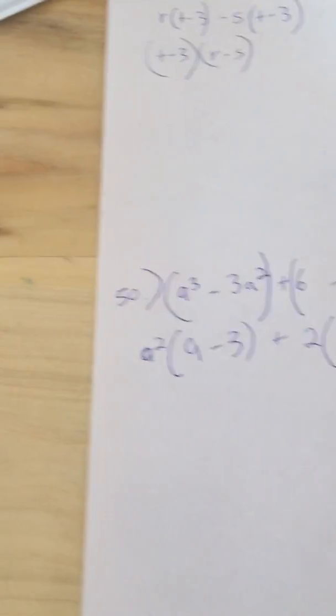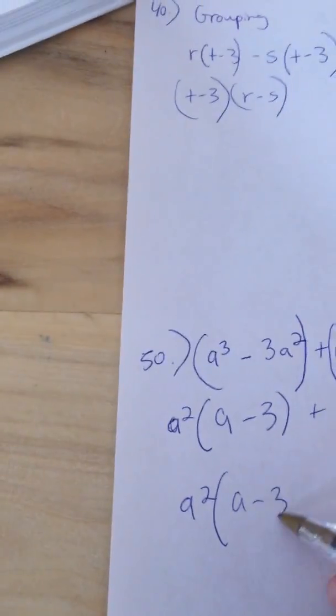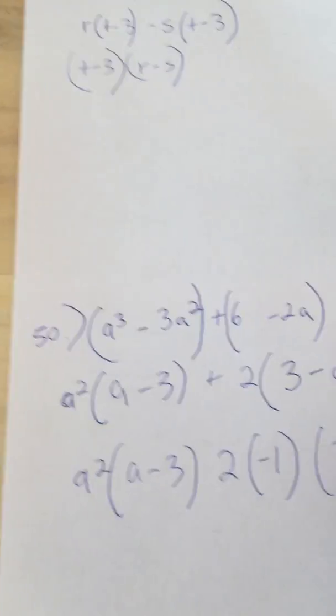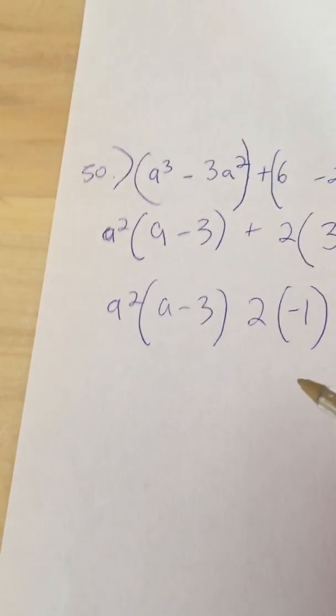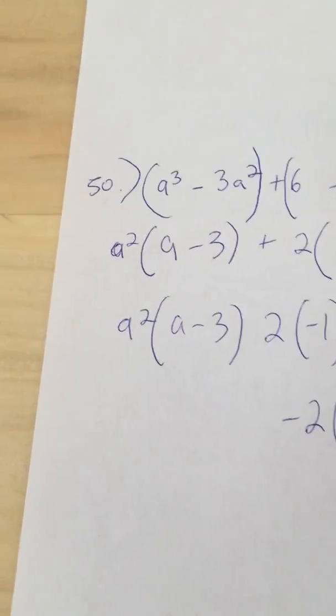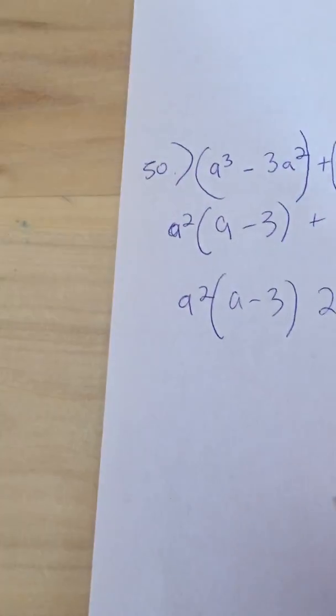So if I want to switch it, what I need to do is multiply by a -1. So now you have 2 times a -1 times 3 minus a. And really, this is going to end up being a -2 times 3 minus a. And really what that's going to end up being is that I can switch the order.